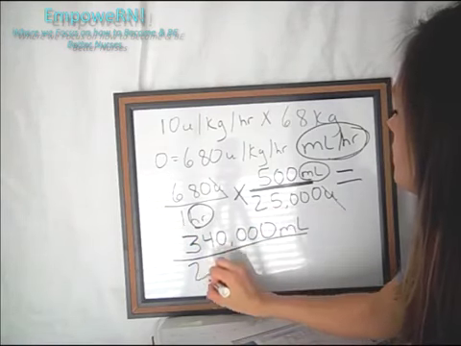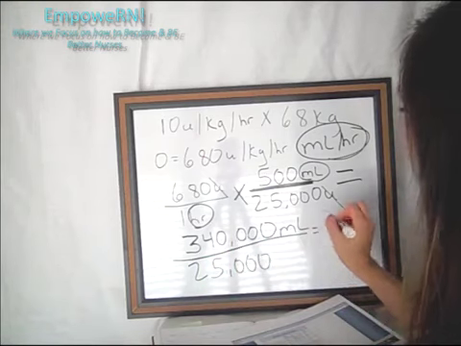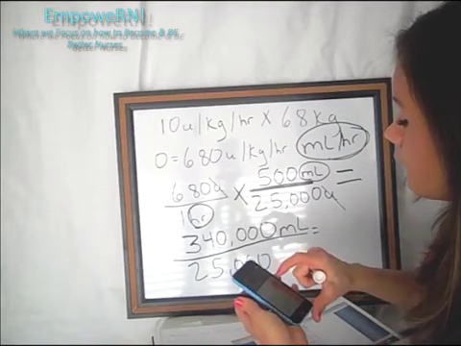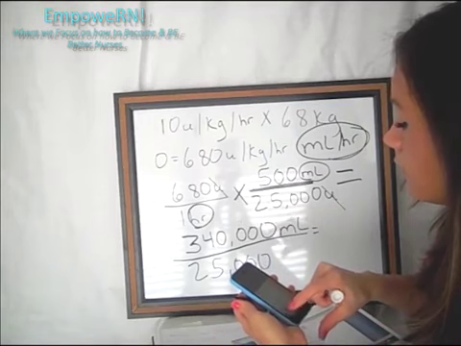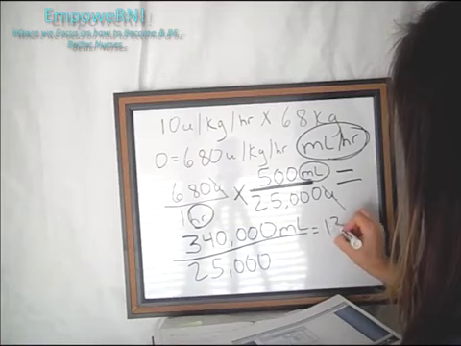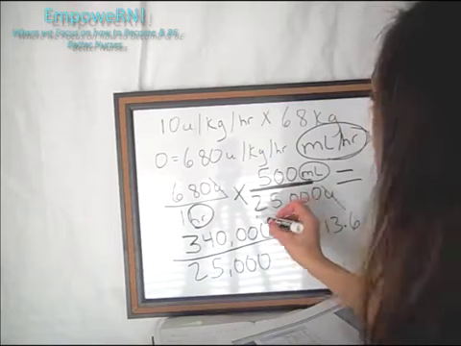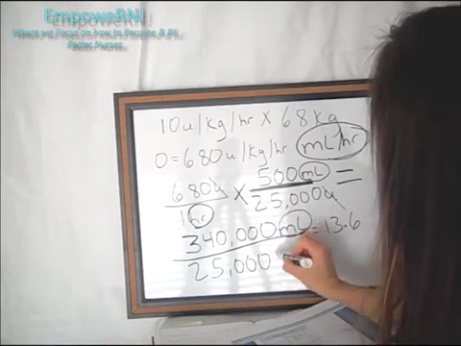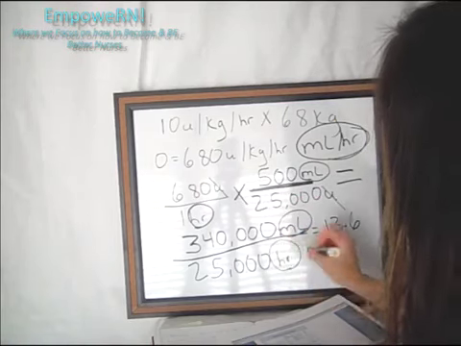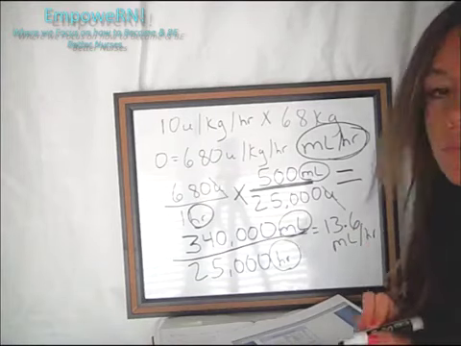So it's going to be 25,000. So 340 divided by 25,000 is 13.6. 13.6 what? mLs per hour. 13.6 mLs per hour.